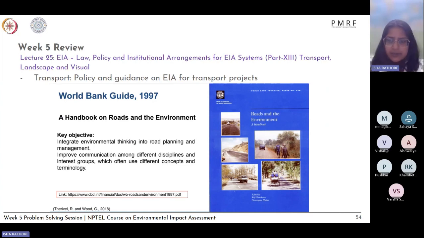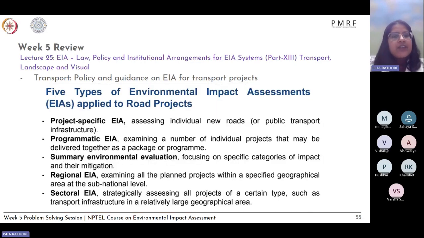This is the first document which emphasized and improved awareness of road infrastructure and environmental management. So we have 5 types of EIAs which apply to road projects. First is project-specific EIA, which assesses individual new roads or public transport infrastructure.